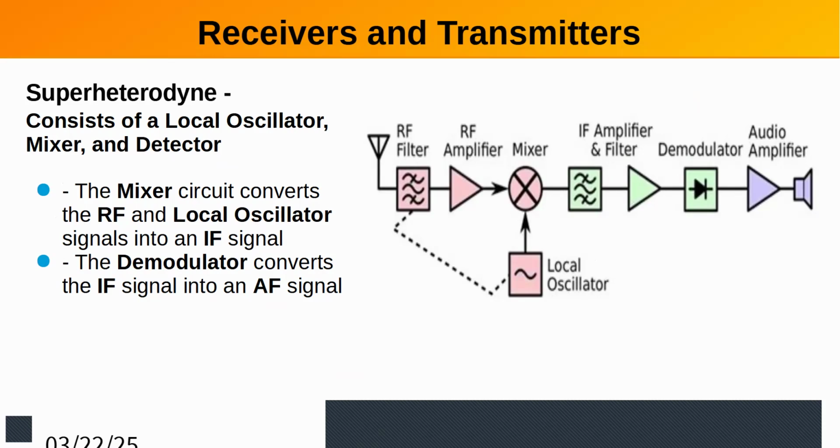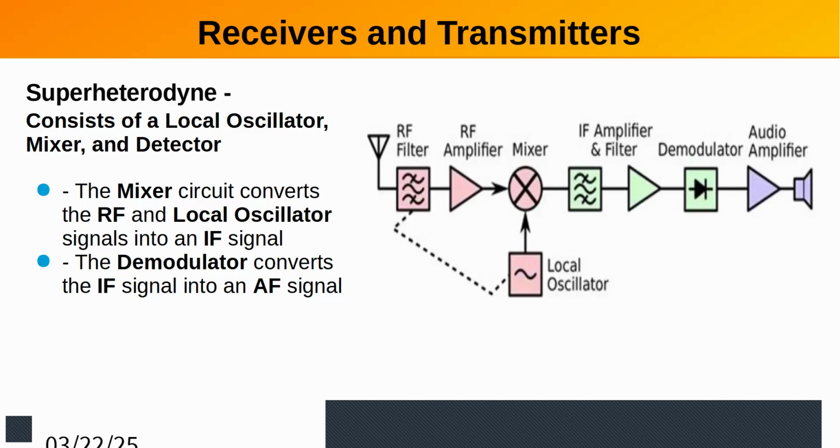You could have two or three different IF stages. In most of the old AM type radios, you'd finally wind up with probably a 455 kilohertz IF. If it was an amateur type, it might even be much lower than that frequency for maybe a third one.